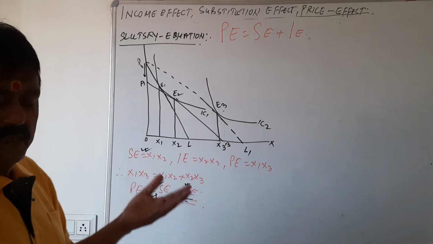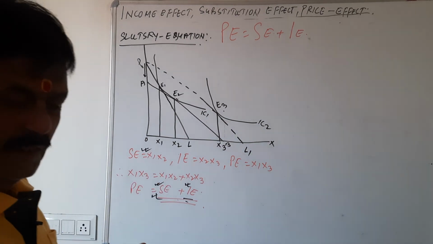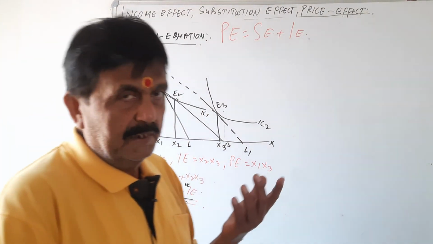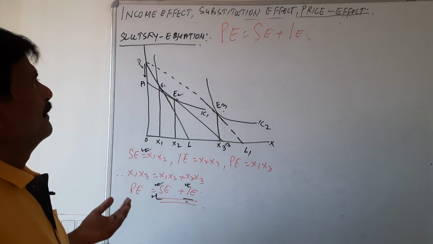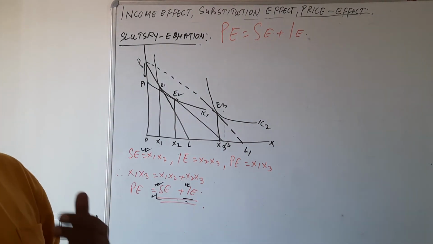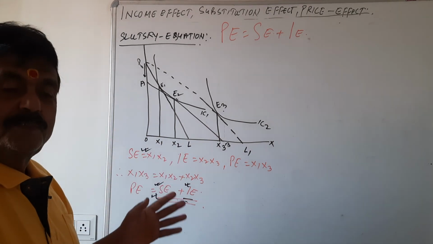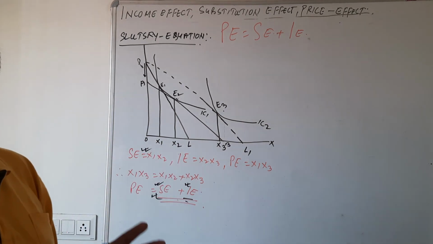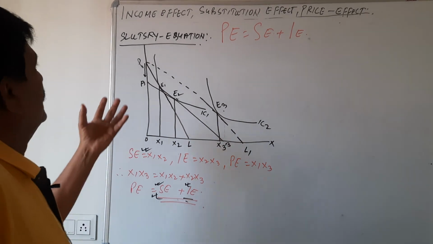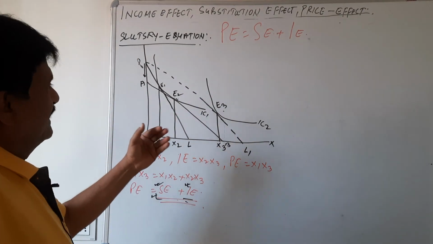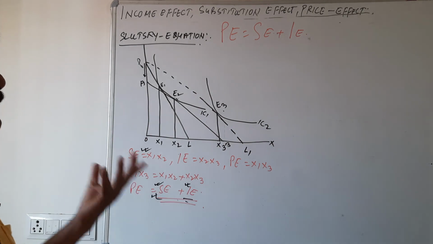And once again, to inform the students that online classes are going to start from 15th of May. Positively, I will start it, and there I will cover everything in a very extensive way. In these classes, I am just brushing up the entire syllabus and giving it a glance. So this is the indifference curve analysis in a very concise way.